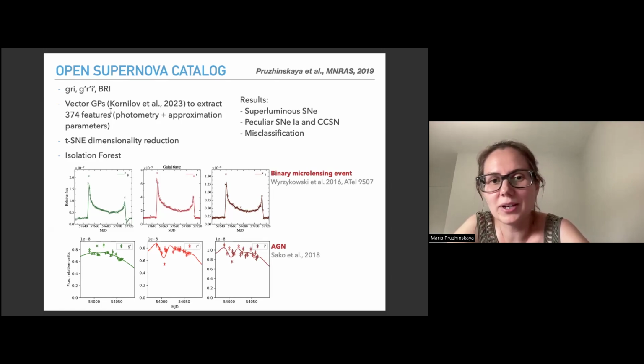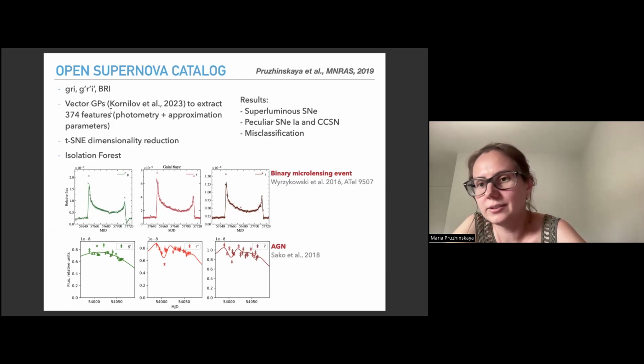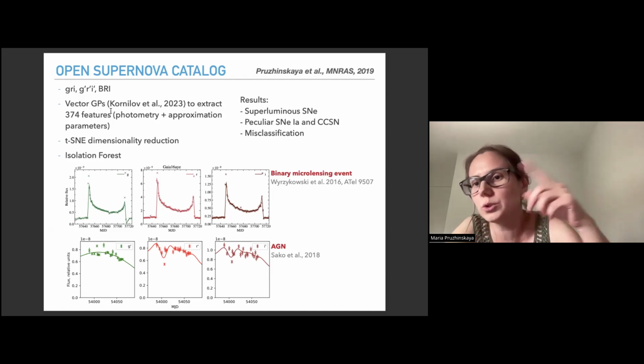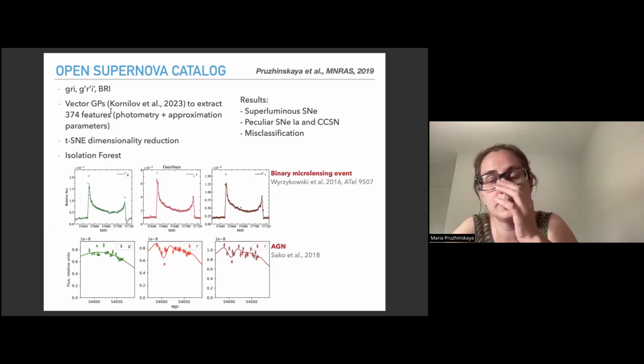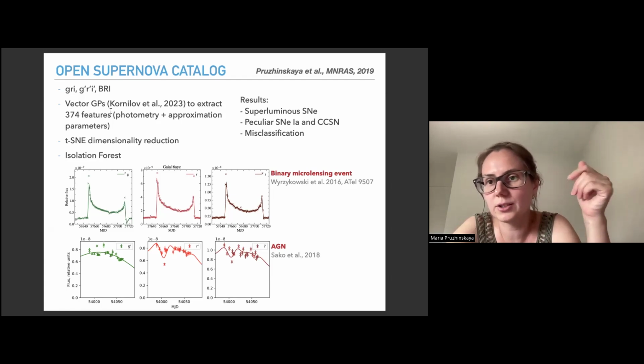And this vector Gaussian process takes into account the correlation between light curves in different passbands. Let's say, for example, in the G band, you have good coverage, good photometry, a lot of points, I don't know, like a point every 2 days, every 1 day. And in another band for the same transient, you have a huge gap.